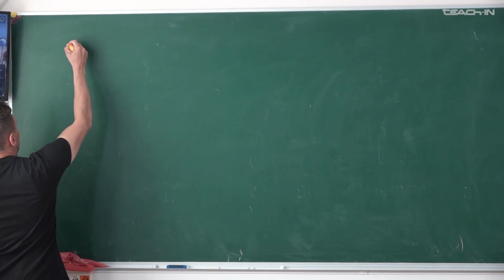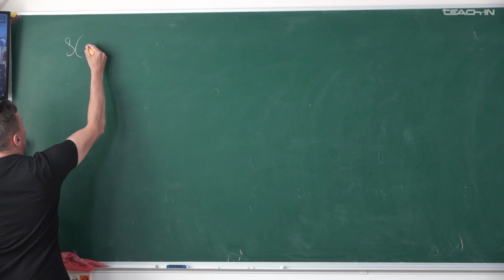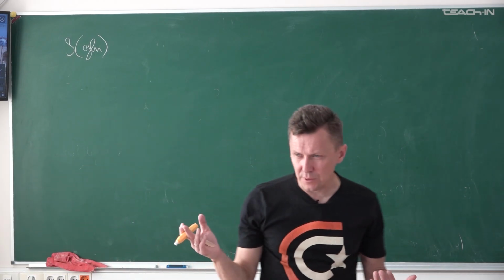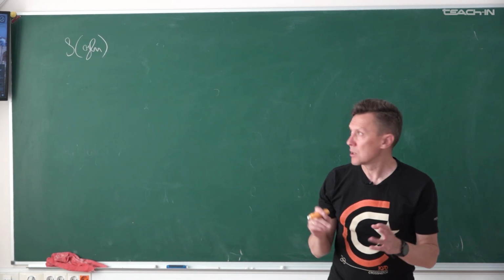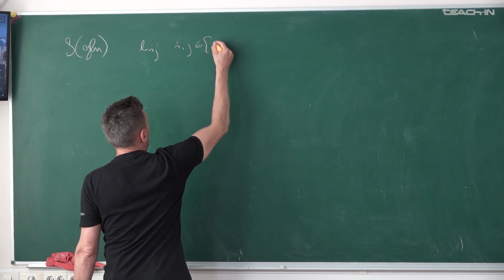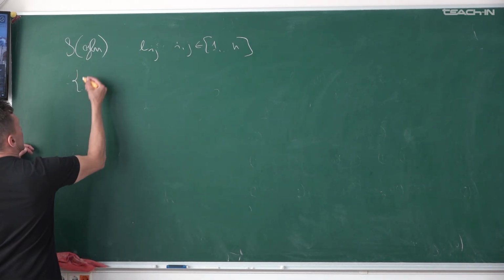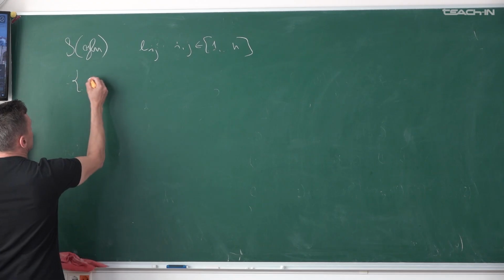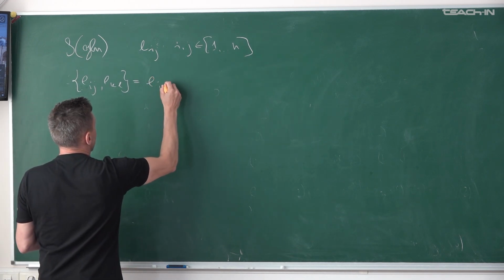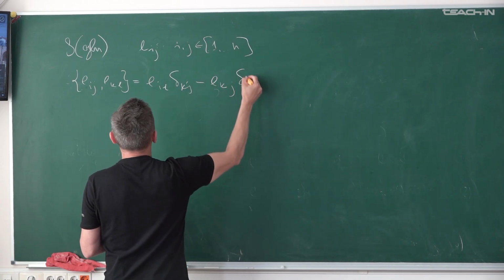Let us recall that we consider the symmetric algebra of GLN, which is the space of polynomials with monomials which are just generators E_ij, i and j from 1 to n, and we have the Poisson structure on this: {E_ij, E_kl} = E_il delta_kj minus E_kj delta_il.